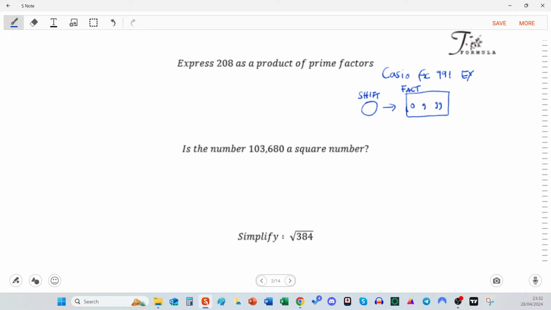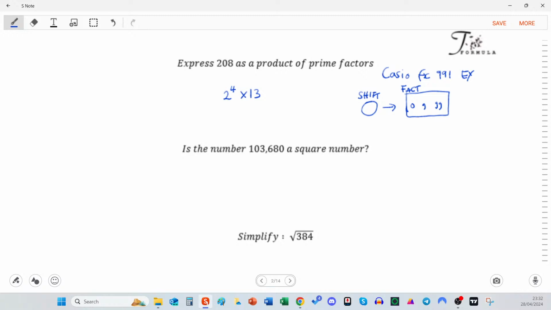So 208, you type that on the calculator, 208 equals, you have to press equals first for some reason, and then you just shift and press that special button, and you get that that's 2 to the 4 times 13.